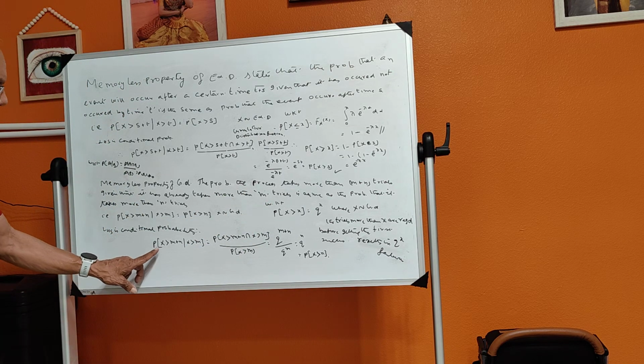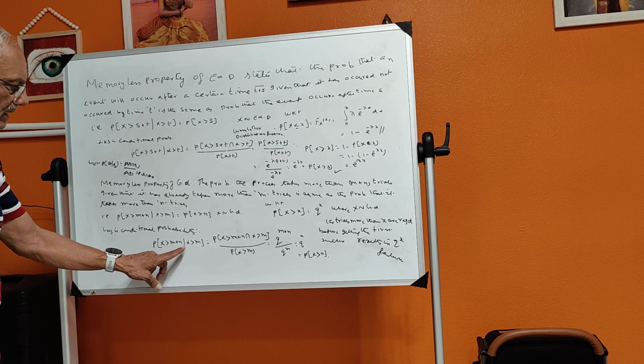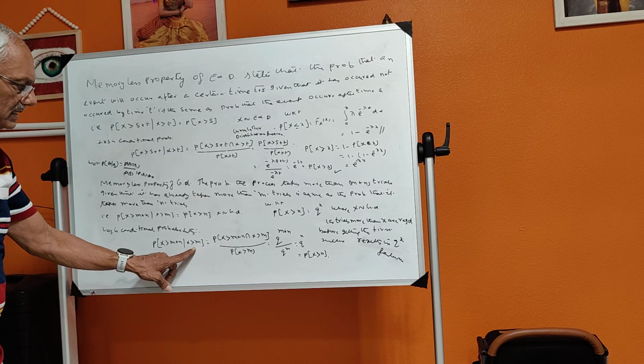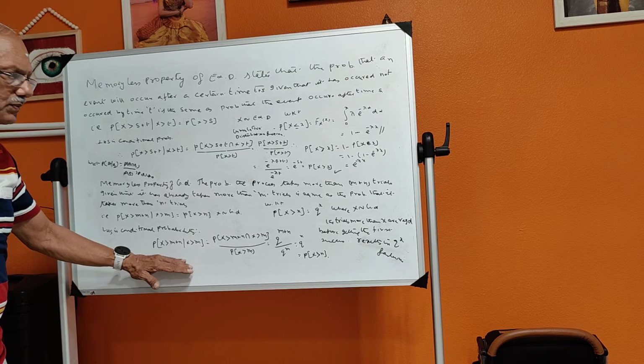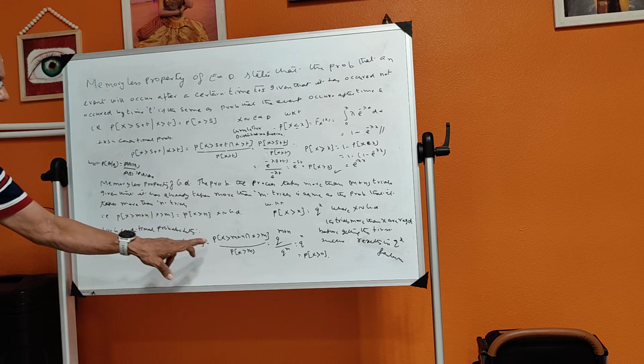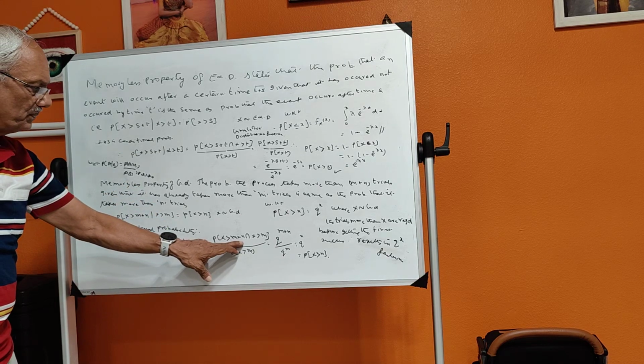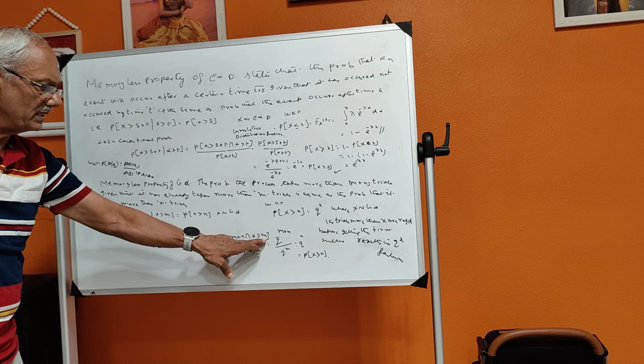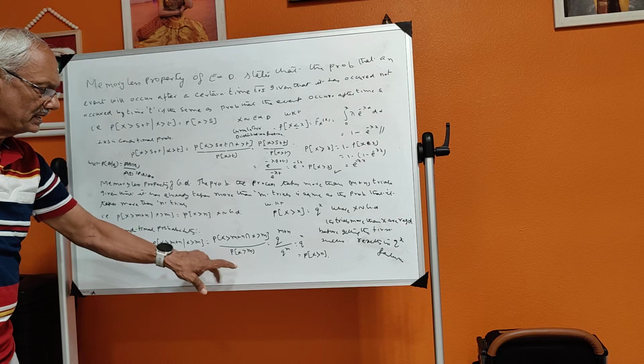So here you see that P of X greater than m plus n given X greater than m. This is a conditional probability as I have written here. So that is equal to P of X greater than m plus n intersection X greater than m, divided by P of X greater than m.